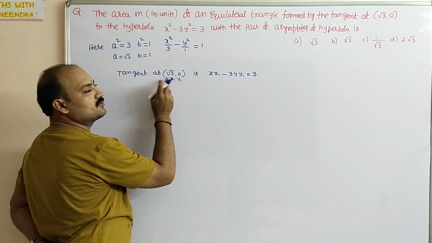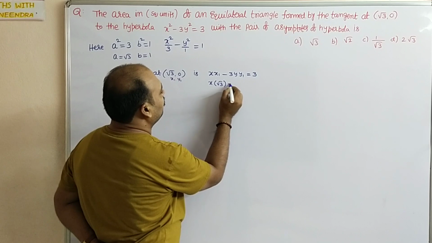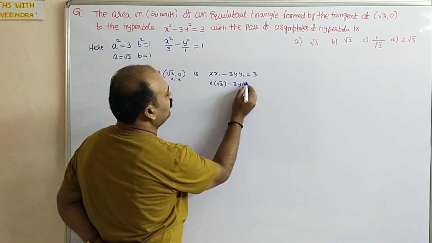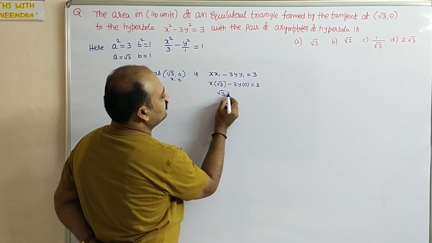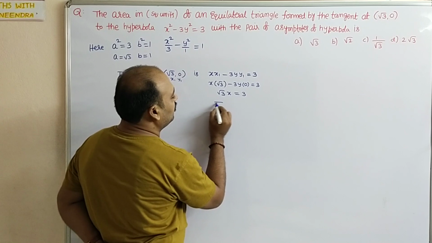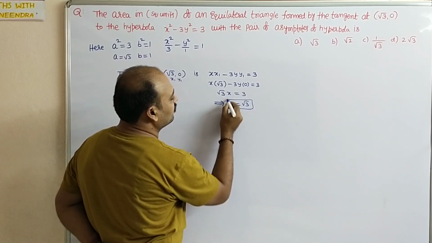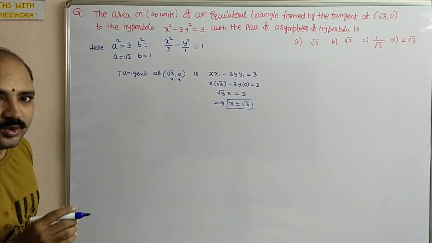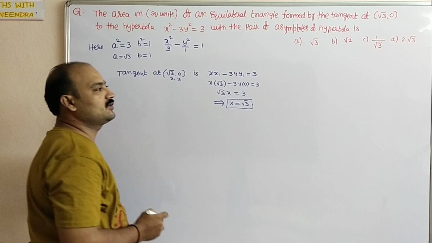In place of x1, y1 substitute root 3, 0. So x into root 3 minus 3y into 0 equal to 3. So root 3 x is equal to 3. That implies that x is equal to root 3. So x is equal to root 3 means it is a line parallel to the y-axis.